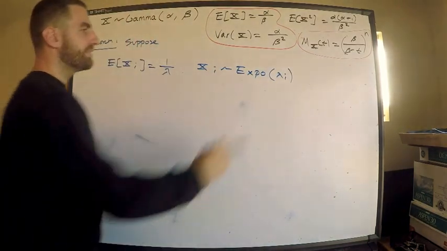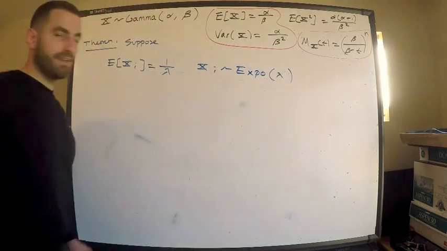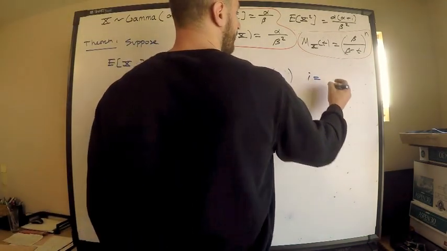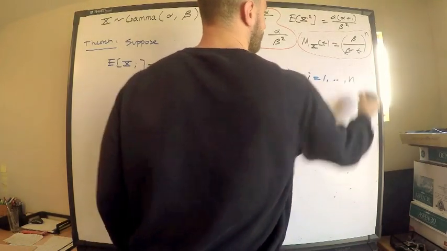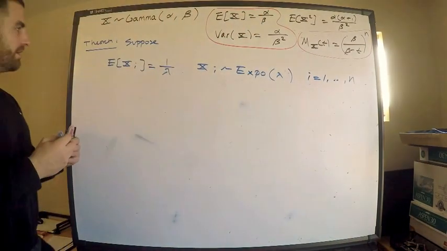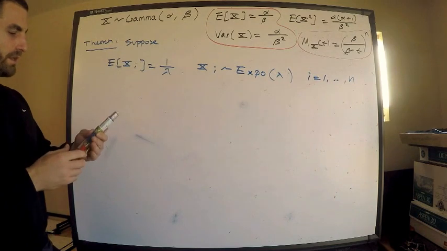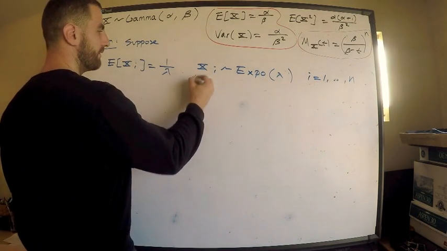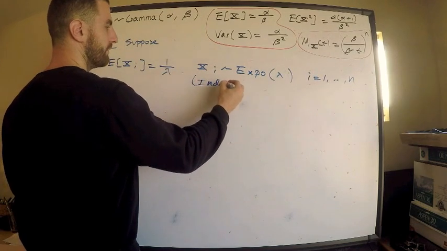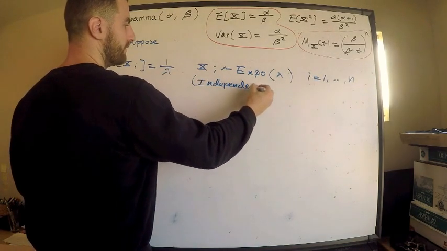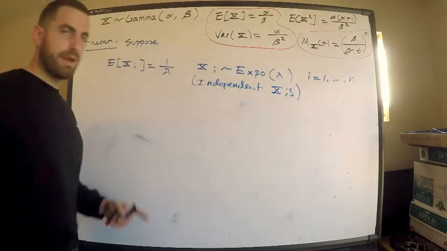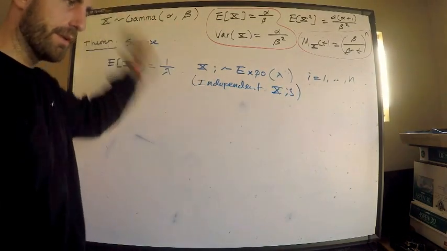And actually, these are the same, and they all have the same mean, 1 over lambda, for i equals 1 to n. The Xi's are independent. You absolutely need that because of the trick I'm going to do.